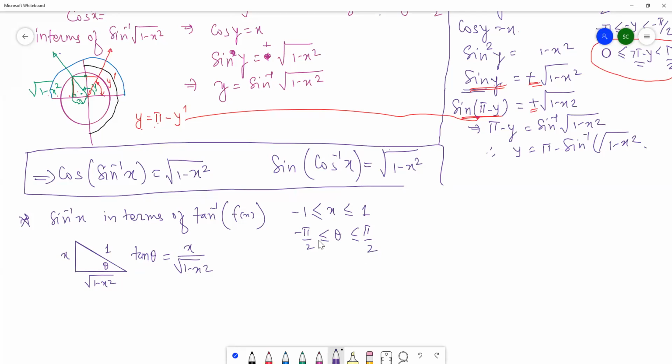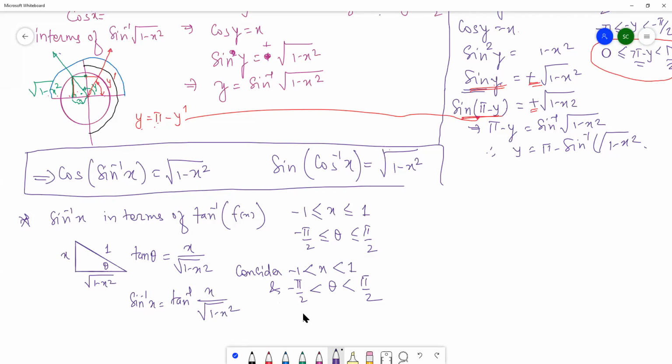So if you ignore those and consider minus 1 strictly less than x strictly less than 1, and minus pi by 2 strictly less than theta strictly less than pi by 2, then you are safe, and therefore sine inverse x is equal to tan inverse of x upon radical 1 minus x square.